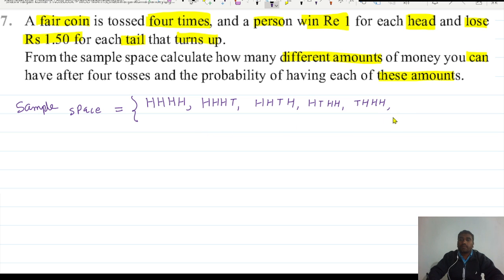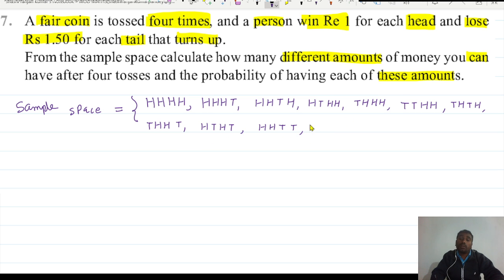Next part can be T, T, H, H. Then T, H, T, H. Then T, H, H, T. Then H, T, H, T. Okay. Then we can write H, H, T, T. So these are all the situations we have written with 2 T.